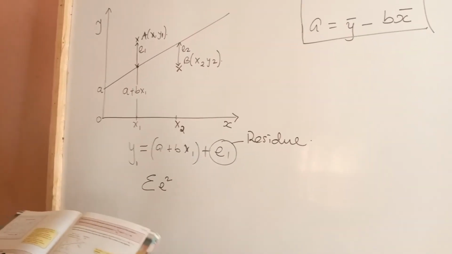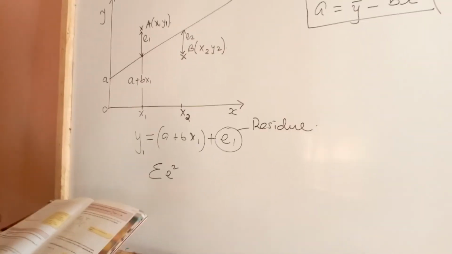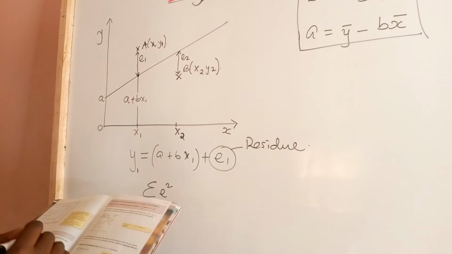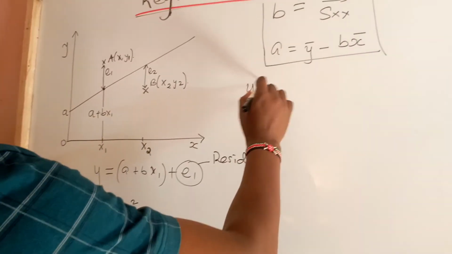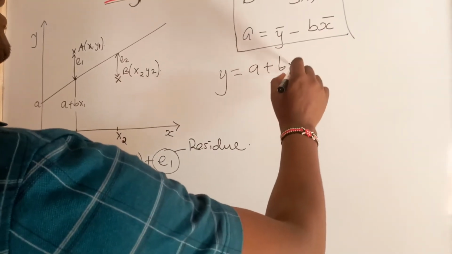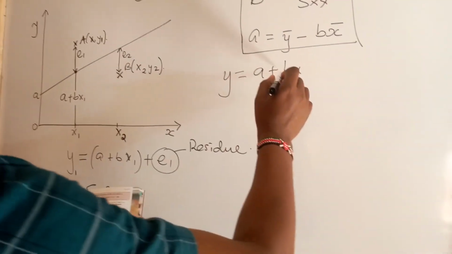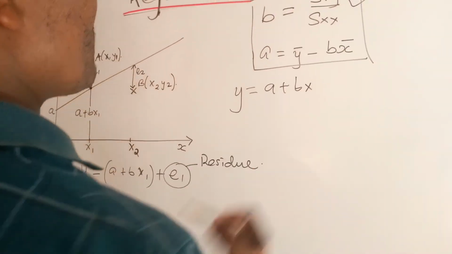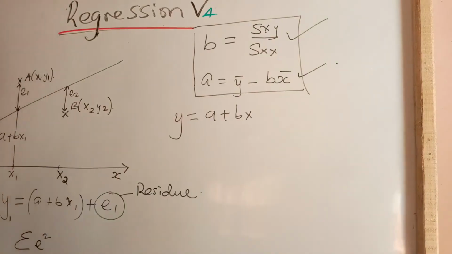Ultimately, the equation of the regression line of y on x is y = a + bx, where b is given by this, and where a is given by that.